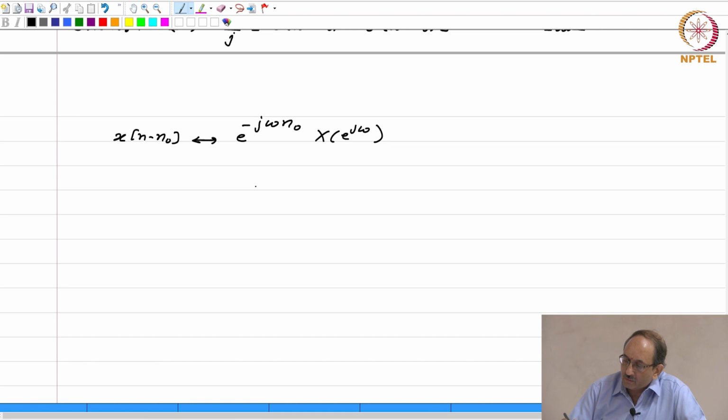Extending this, somebody had this idea in mind, e to the minus j omega times X of e to the j omega, and now instead of n naught the person used alpha, and now this became x of n minus alpha.